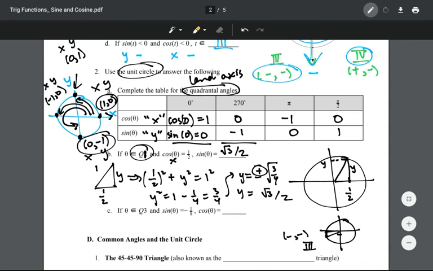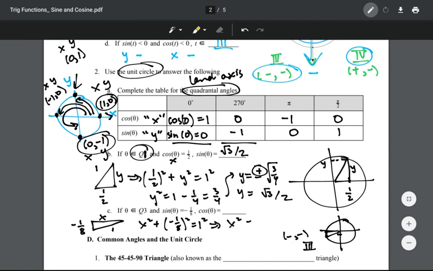So I end up with this triangle. 1 on the hypotenuse, -1/8 is my y coordinate, and I'm going to solve for my x coordinate. That's going to give me my cosine. So I go ahead and do the Pythagorean theorem. X squared plus (-1/8) squared is equal to 1 squared.